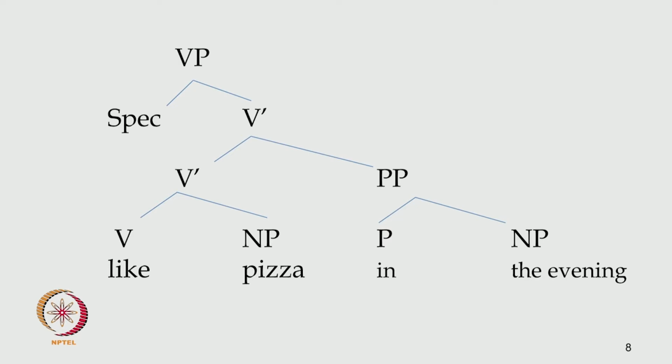In the verb phrase, the head of the verb is like, and then pizza is the complement of the verb. That is because the verb is transitive in nature. And then we see that the PP in the evening is not really the complement.